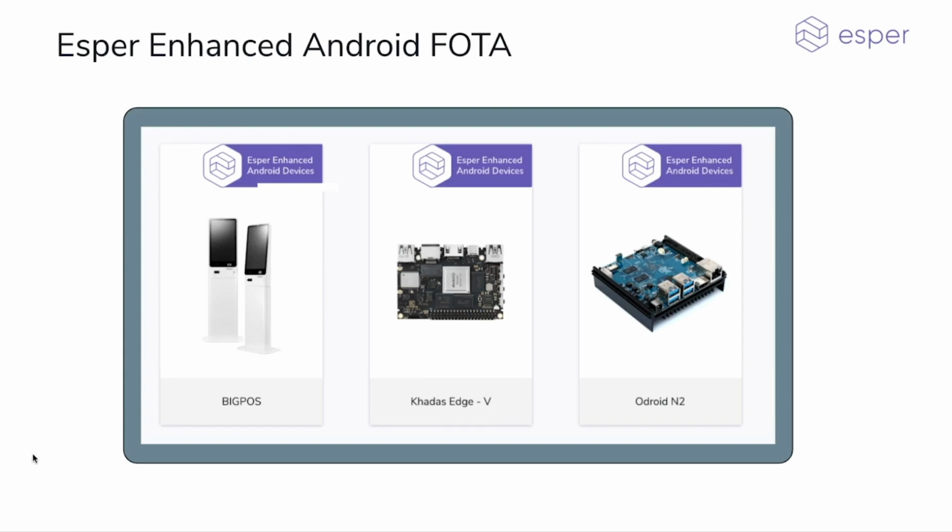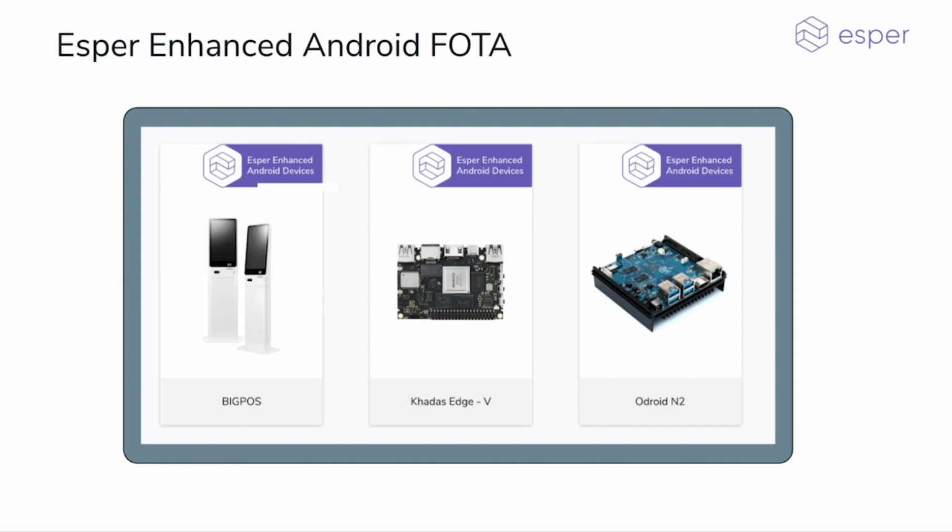And I just wanted to mention a little bit more about Esper Enhanced Android. So like I said, we support it, but more importantly, we also support a lot of different devices that our customers are using to build great solutions. So the Big Paws kiosks, the Catus Edge 5, the Odroid N2, and a whole host of others, including single board computers from MediaTek as reference designs.